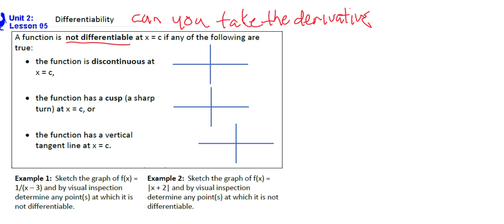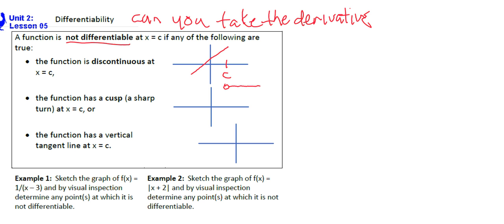The first one is if the function is discontinuous at some value x equals c. So let's say that at c we have maybe a piecewise function that looks like this, and then at c it goes something like this. Because it's not continuous, you can't take the derivative.